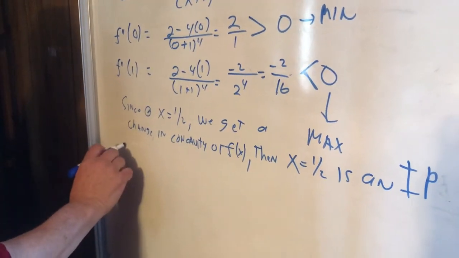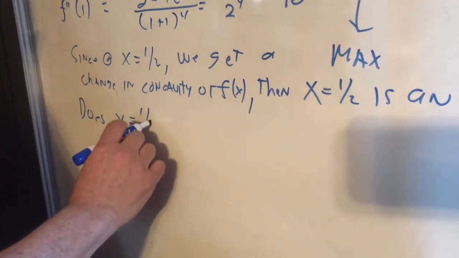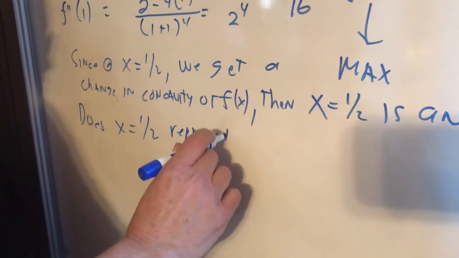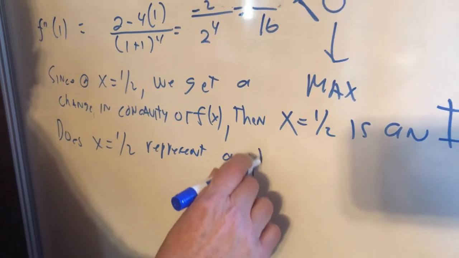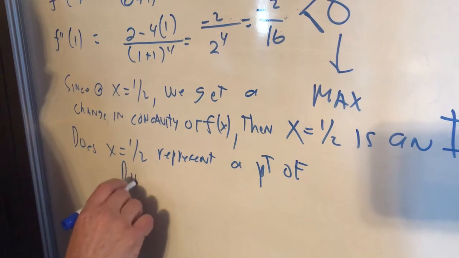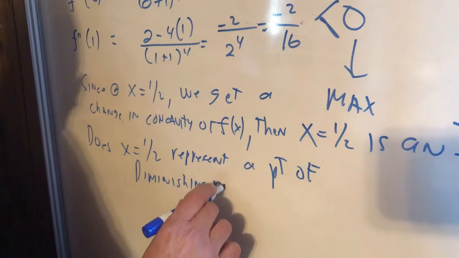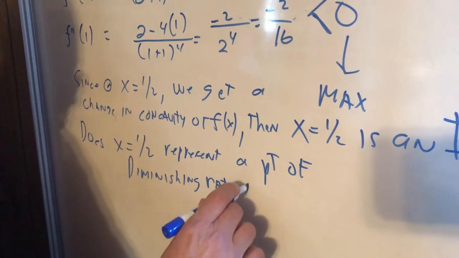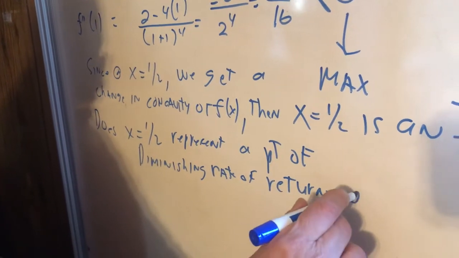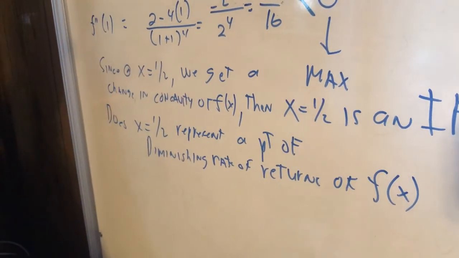So does x equal 1/2 represent a point of diminishing rate of returns of f of x? Pretend f of x is profit.